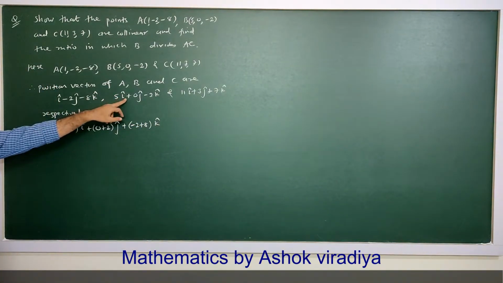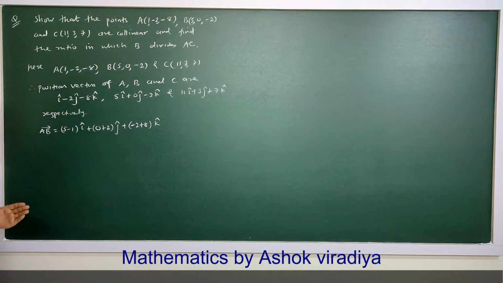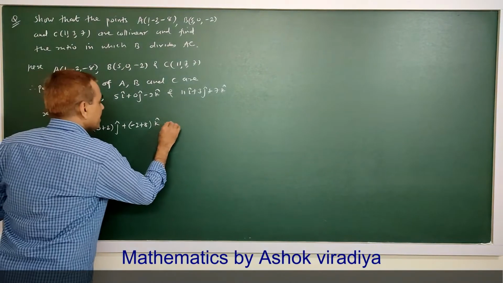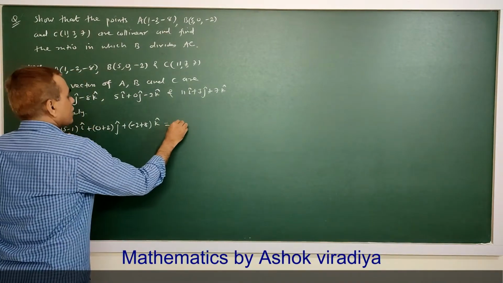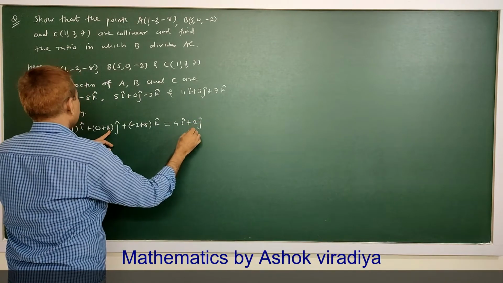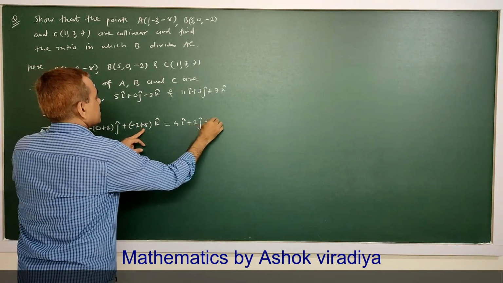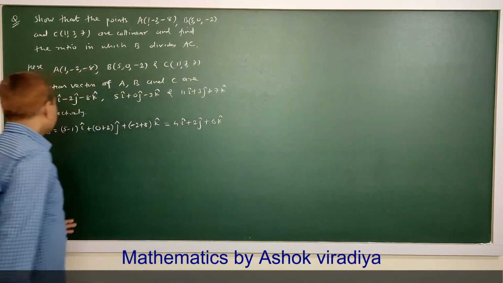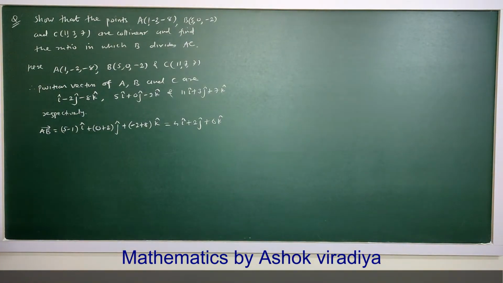So the position vector of B minus the position vector of A is vector AB. So it is 4i plus 2j plus 6k.